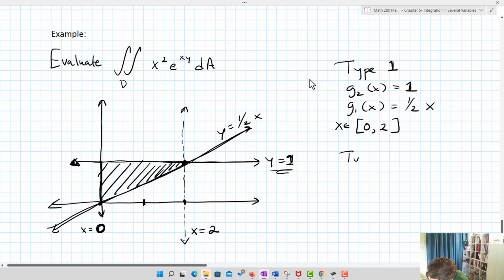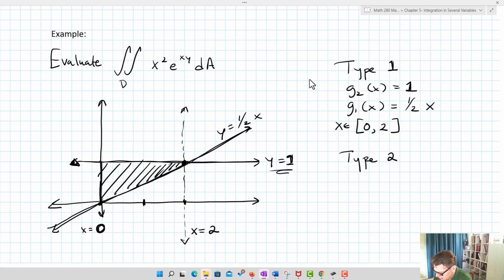If we were to do a type 2, okay, we're now going to do a type 2. What you want to look at is my top function and my bottom function. If you look here, we're going to just have the y-axis, or excuse me, x equals 0 is the bottom, so that's x equals 0.